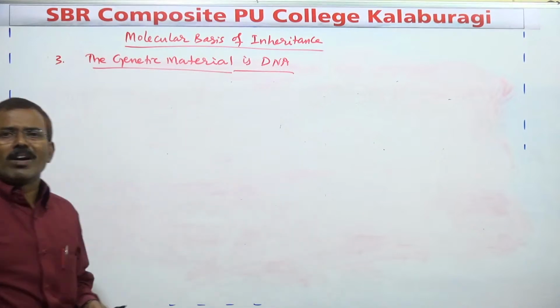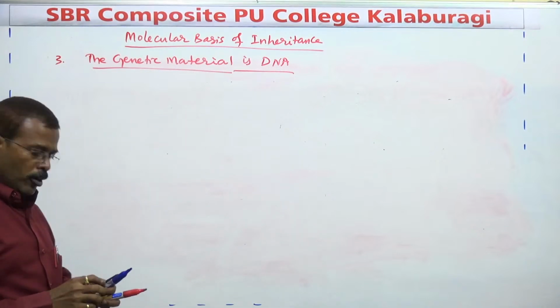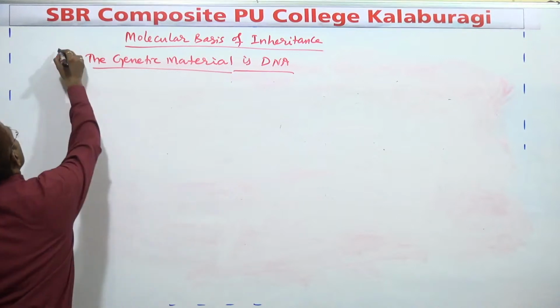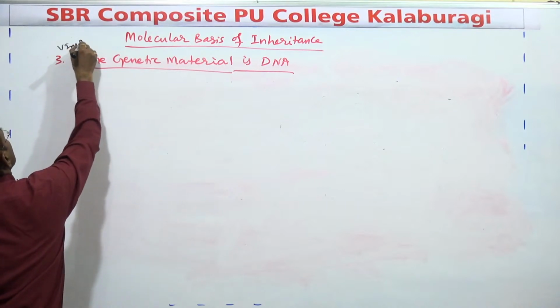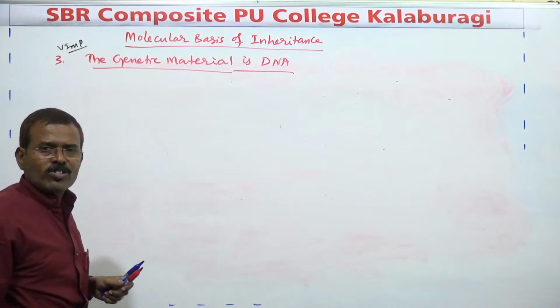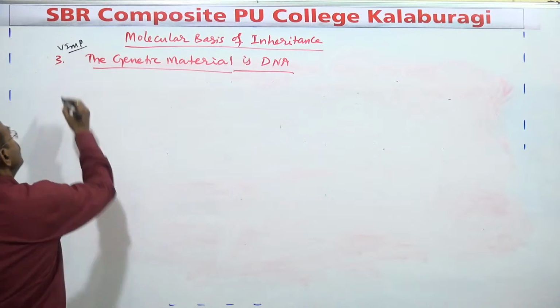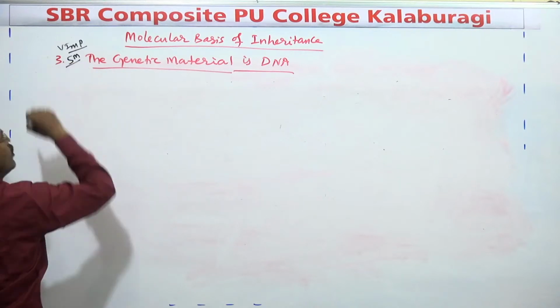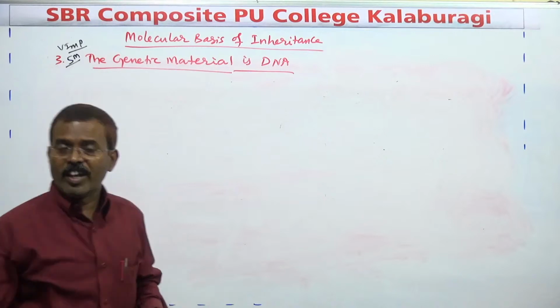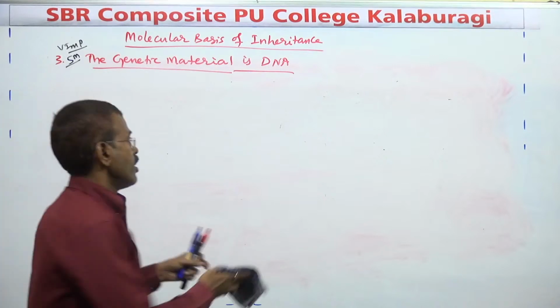The genetic material is DNA. Very important question for theory and NEET point of view. It is a 5-mark question.